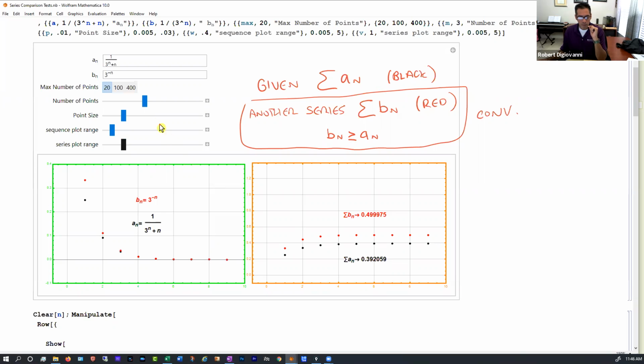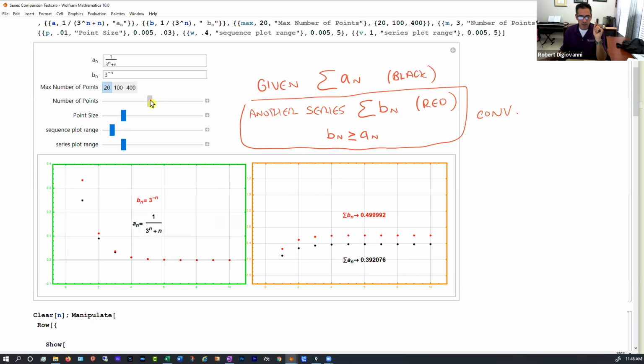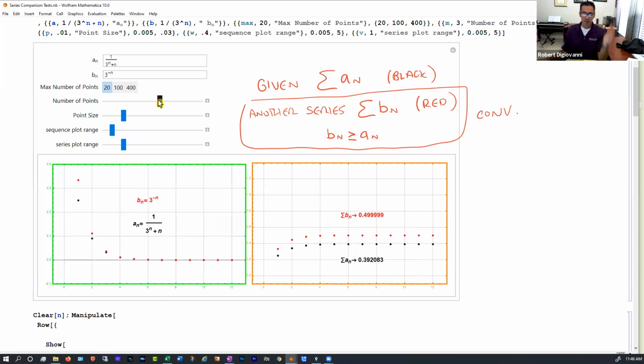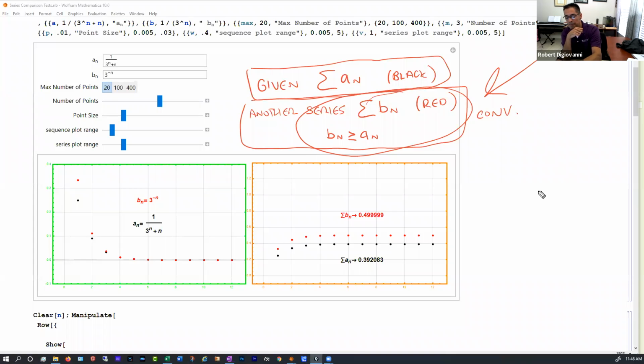So that is what this comparison test is going to allow us to do. It's going to say, if you have some series that's given to you, so I'm going to provide you a problem and say, does this converge or diverge? You are going to compare that series to another series. And that other series, you get to pick it.